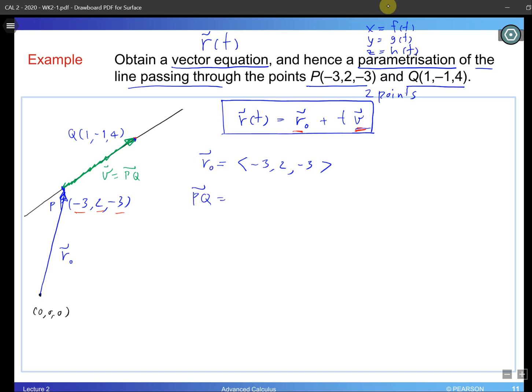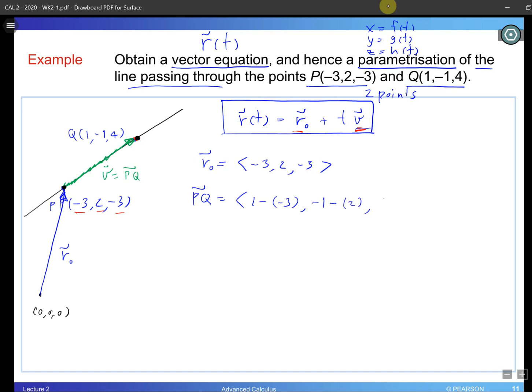Want to find the component? So I'm going to use the terminal point right here and the initial point here at P. And it's going to be terminal minus initial. So first component, terminal Q, is 1 minus the initial at P, which is -3. For the second component, the Y component, start with terminal, that is -1, minus the coordinate of the initial point, which is 2.